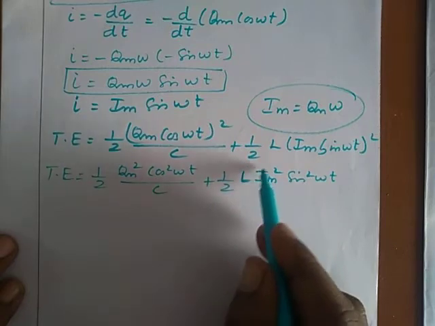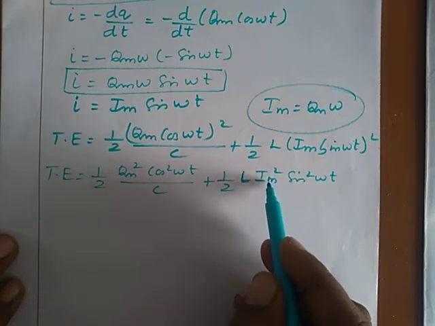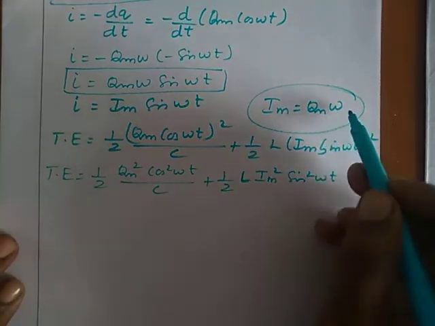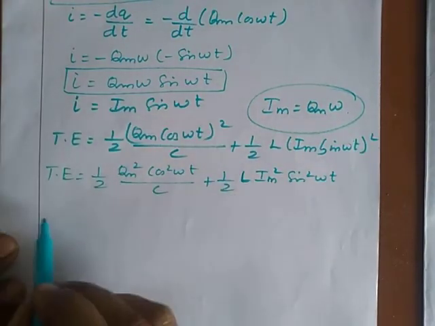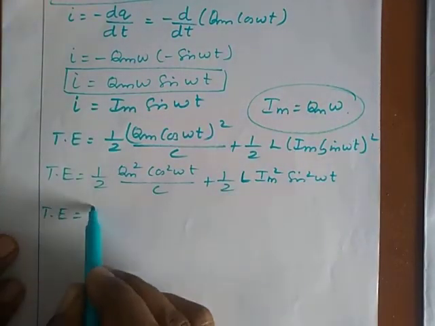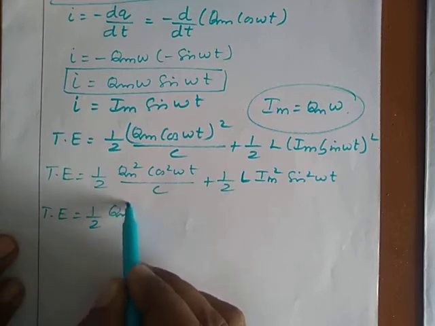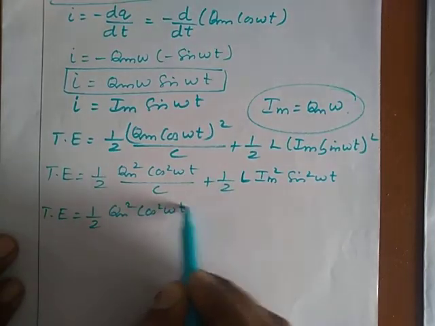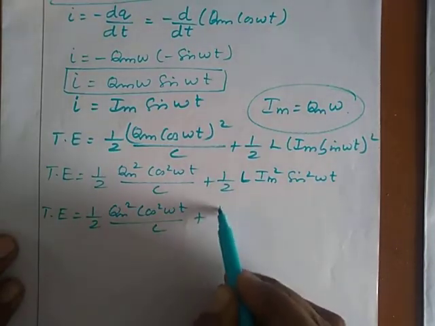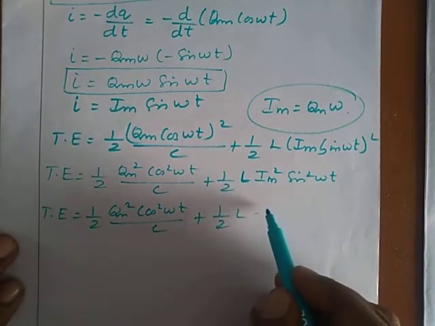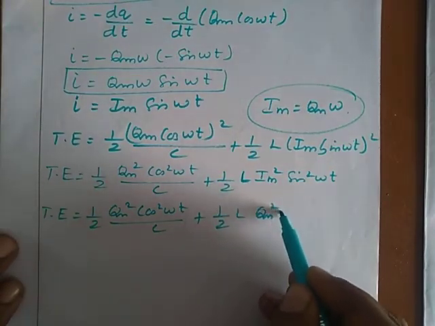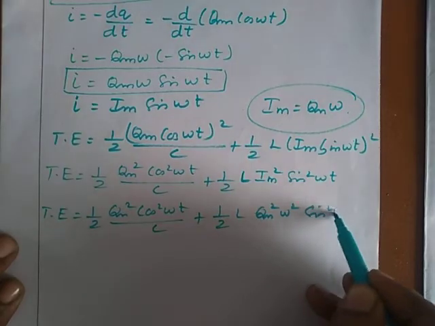Here I have Im square, and we know the value of Im is Qm omega. Putting that here, the total energy is equal to 1 by 2 Qm square cos square omega t by C plus 1 by 2 L Qm square omega square sin square omega t.